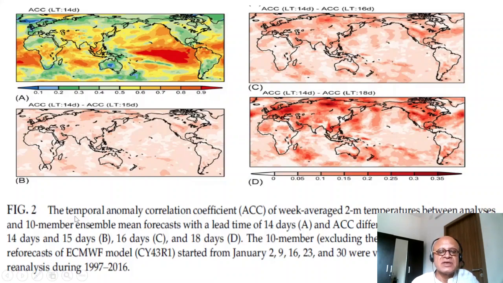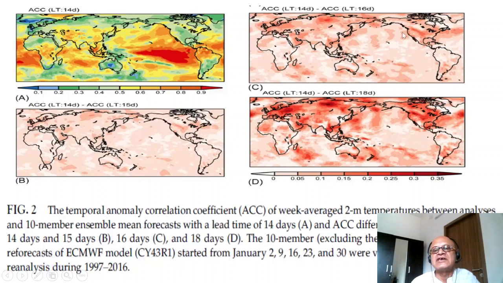This is showing the same thing here, looking at temporal anomaly correlations of weekly averaged 2-meter temperature between analysis and 10-member ensemble mean forecasts for lead 14. So 14 days, 14 days minus 15 days, so 14 days is somewhat better, but almost the same.